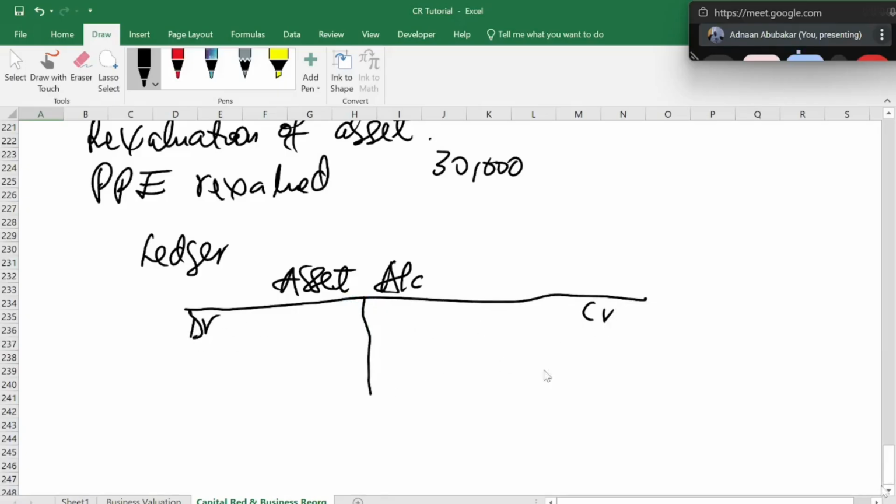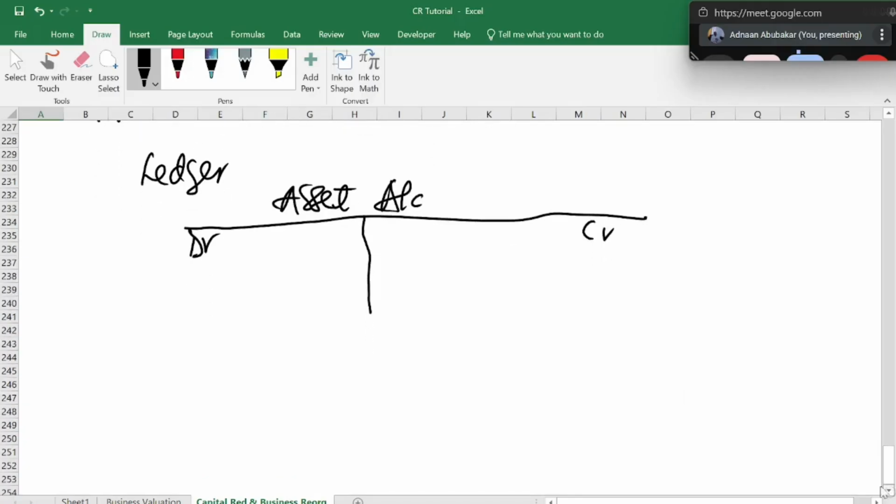Now let me ask you, PPE or asset, which balance does it have? PPE is a debit item. So you have your PPE, also your balance brought down. PPE, it was 40,000. Do you understand? Yes, sir.